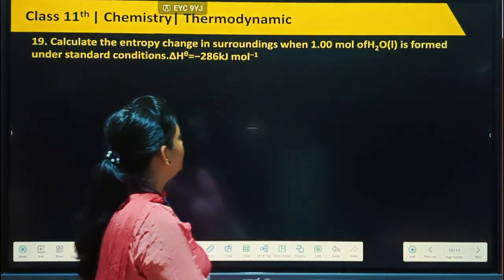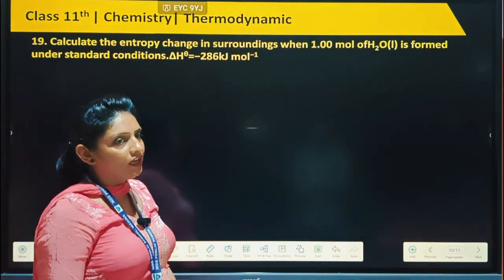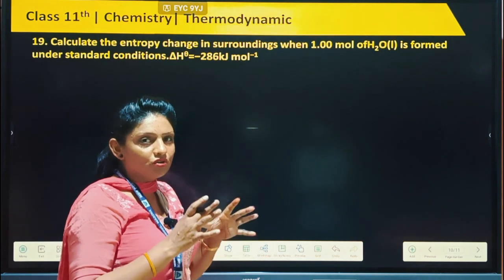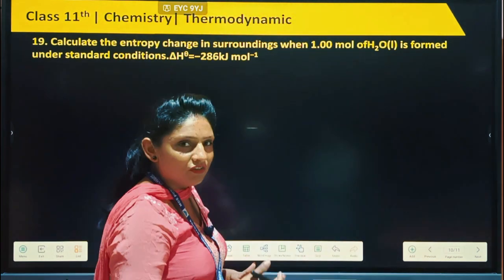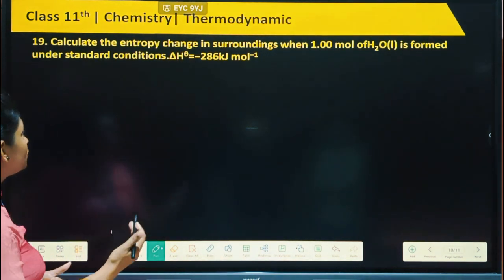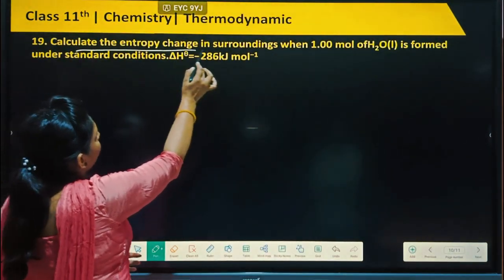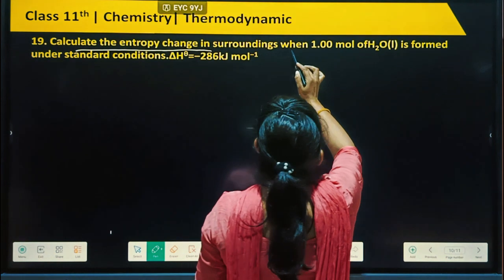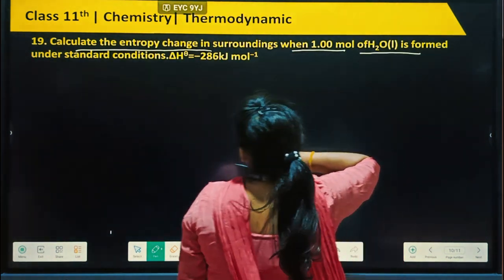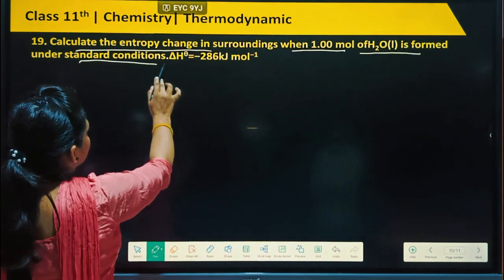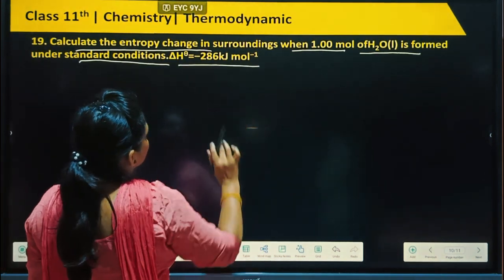One more question, students. This is the last question for today, and the last question of this unit also. So today we will complete this unit with the exercise portion. Our question is: calculate the entropy change in surroundings when 1 mole of H2O liquid is formed under standard conditions. Del H is this.